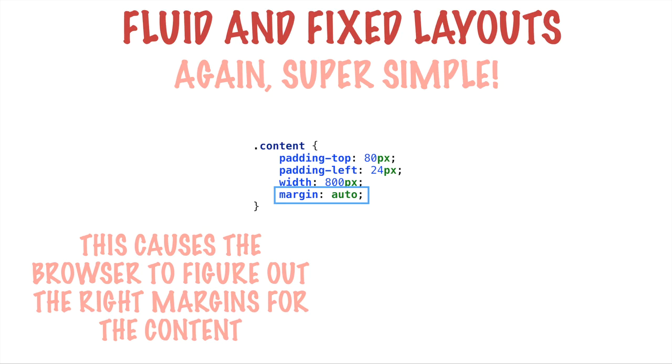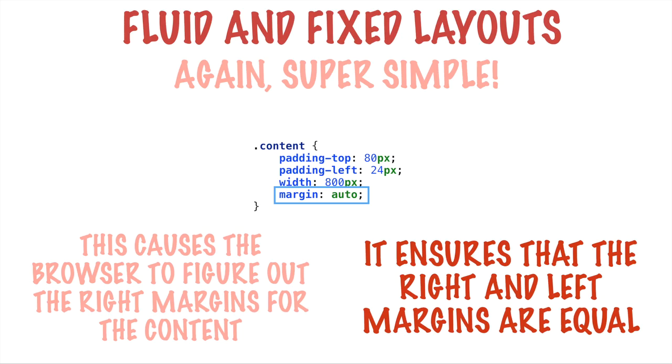Using auto causes the browser to figure out what the correct margins for the content should be. You're basically telling the browser, you figure out the correct margins for the content, and it ensures that the left and the right margins are equal for this particular element to which this content class is applied.